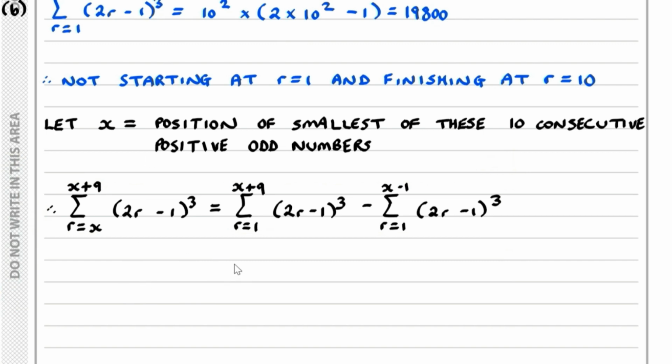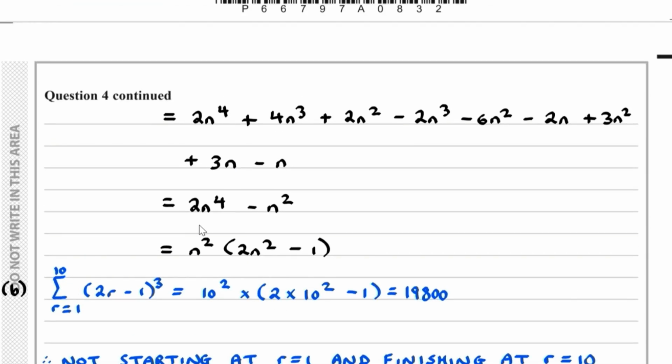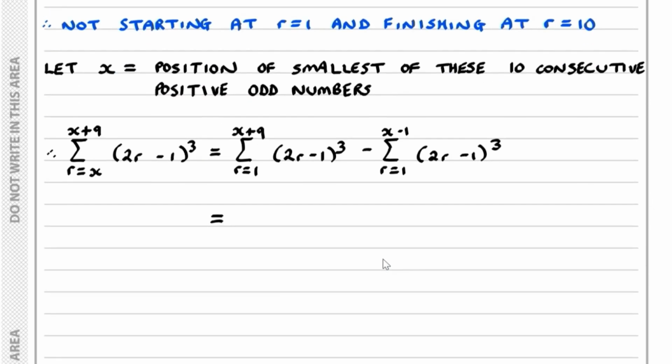And so if we were to evaluate all of this, if we use our answer to part A, n squared lots of 2n squared minus 1, we've got n squared. Here we've got x plus 9, and here we've got x minus 1. So if we use what we found in part A, instead of us having an n, we've got an x plus 9.